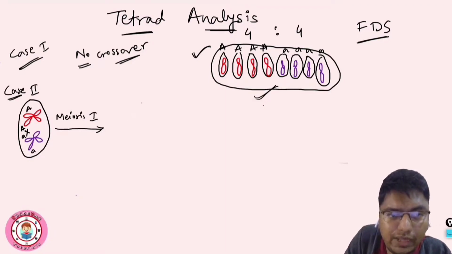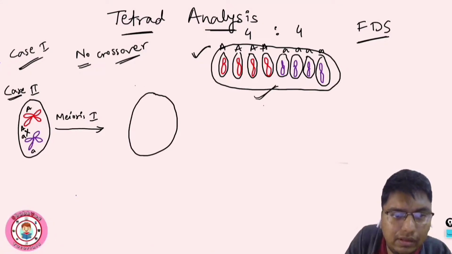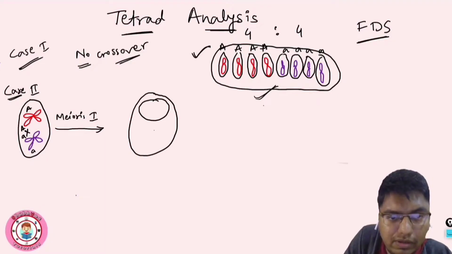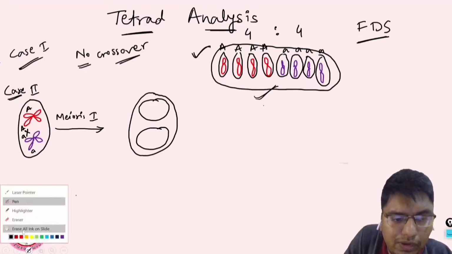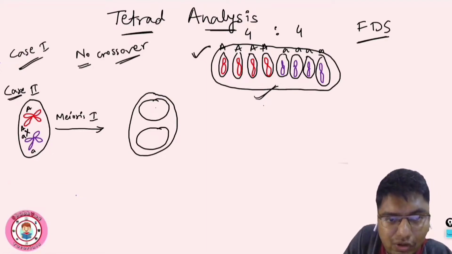We know that after crossing over, two cases are seen. There will be an exchange of chromosomes. We know the basics of recombination.